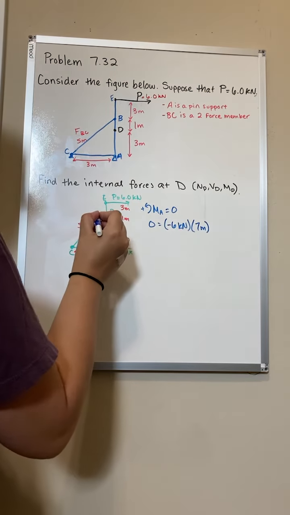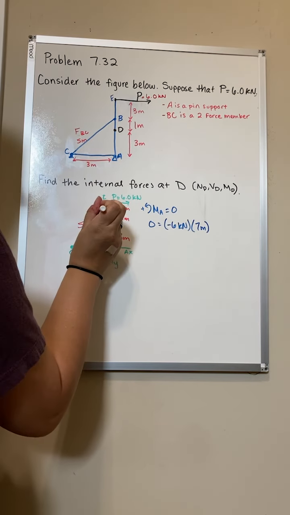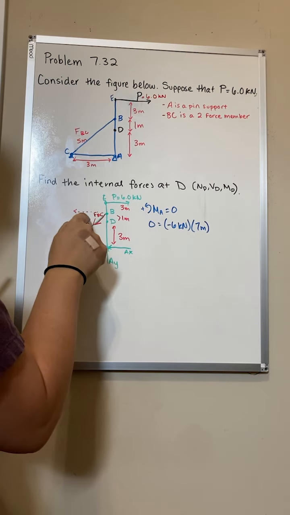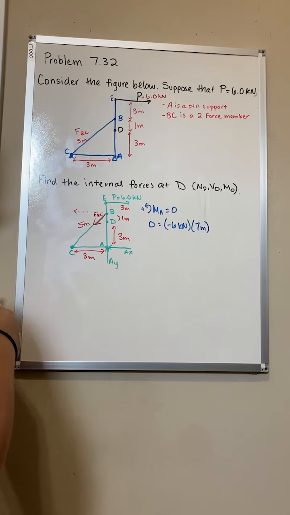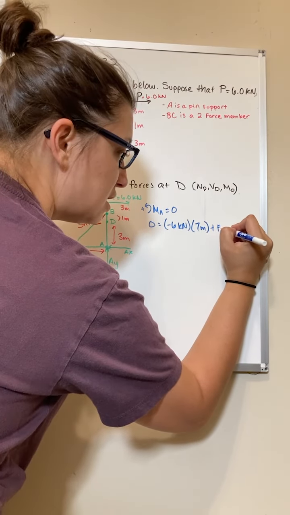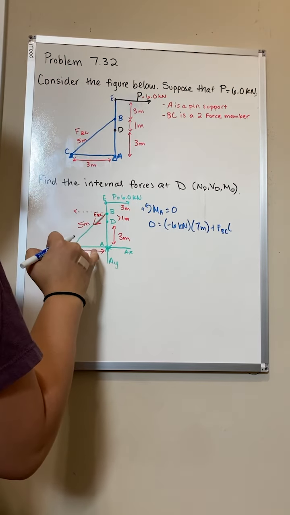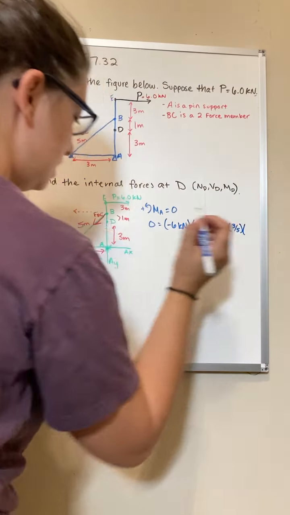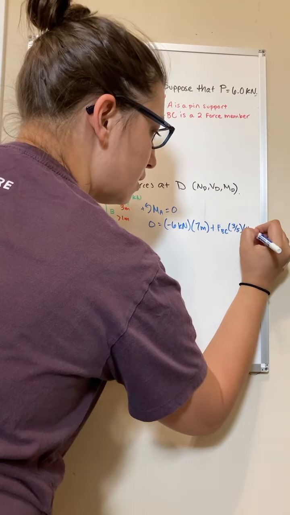So let's just say that it's going to go like this. And this would give us a counterclockwise moment about A, so it's going to be positive. So we have plus force BC times this horizontal component, which is going to be 3/5, times the distance here, which is 4 meters.